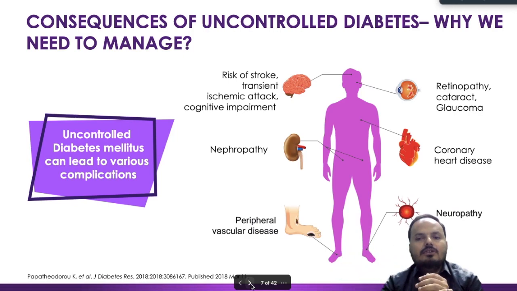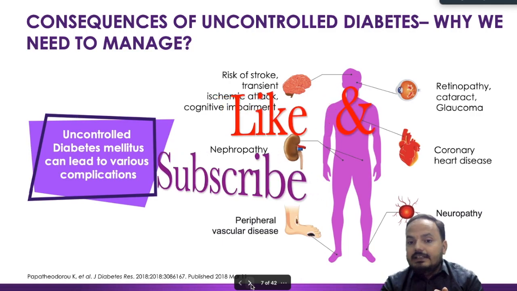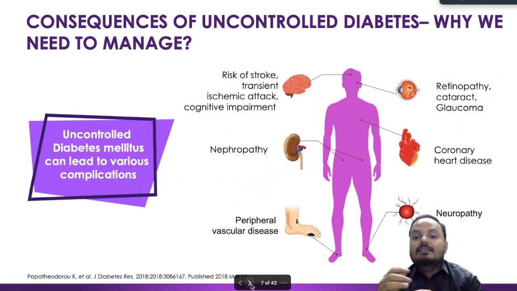In microvascular complications, what we see is neuropathy. The common symptoms are tingling, numbness, and a burning sensation. Patients come saying that they are unable to feel anything in their feet, there is a burning sensation, or something crawling under the skin. These are the signs and symptoms of neuropathy.